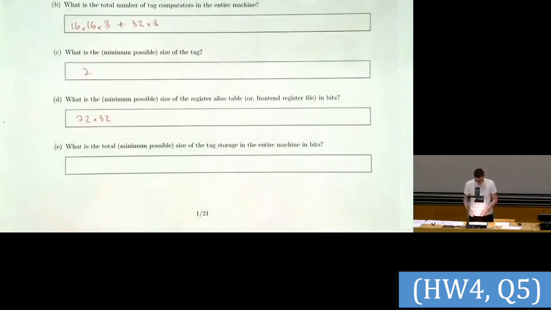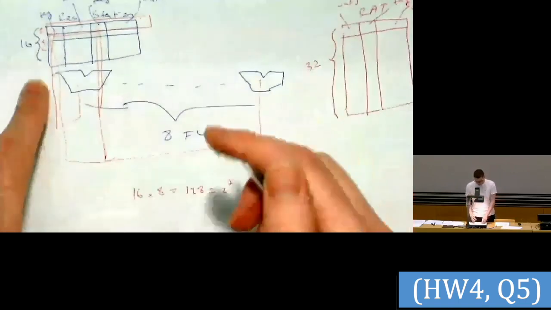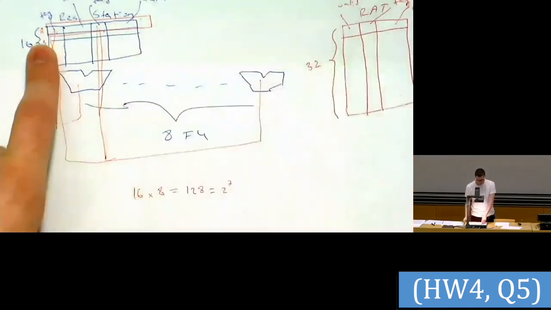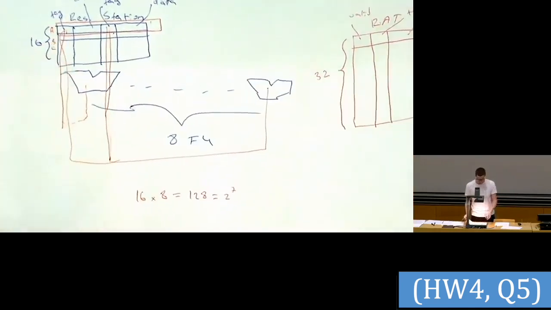And then the last part is, what's the total size of the tag storage in the entire machine in bits? So it only asks about tag storage right now. So we should include the tag storage in the register alias table as well as in the reservation stations. In the reservation stations, we have 2 tags per entry, right? So it is 14 bits because we know the tag is 7 bits.